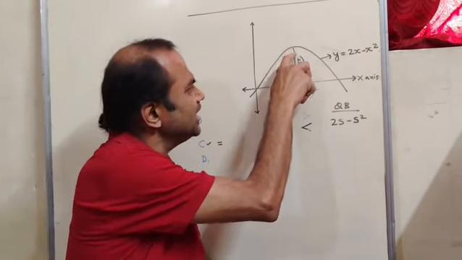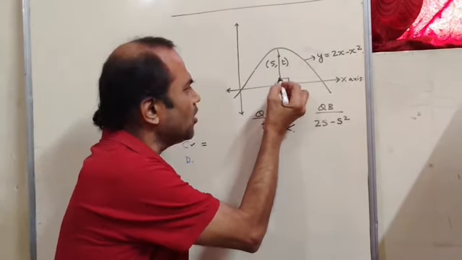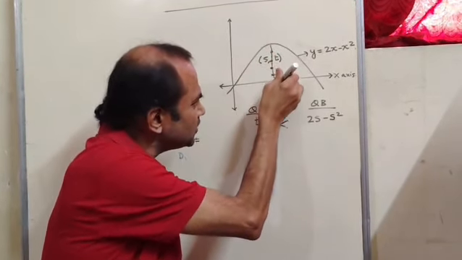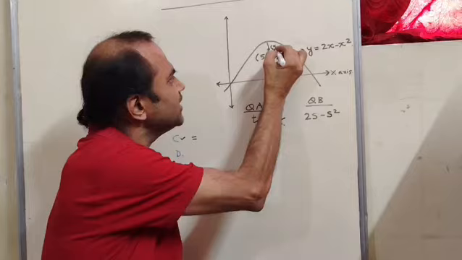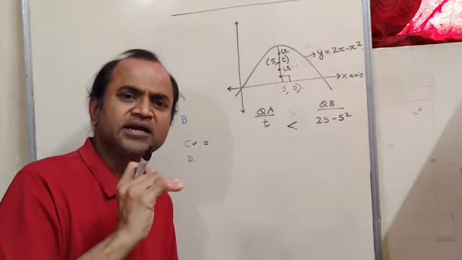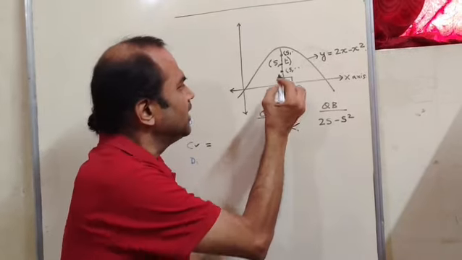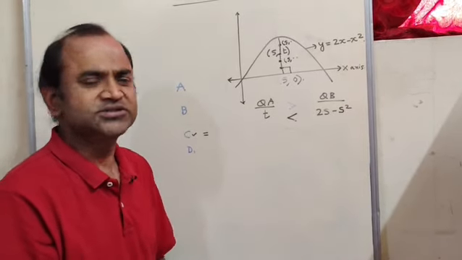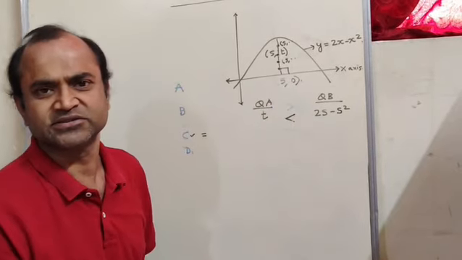Because this line is passing through the point S comma T, and for all points lying on this line passing through the coordinate S, 0, the x coordinates will always be the same s. Y coordinates will be changing or increasing as the line moves up, while the x coordinate will be the same s for all points lying on this line passing through the point S, 0 on the x-axis.